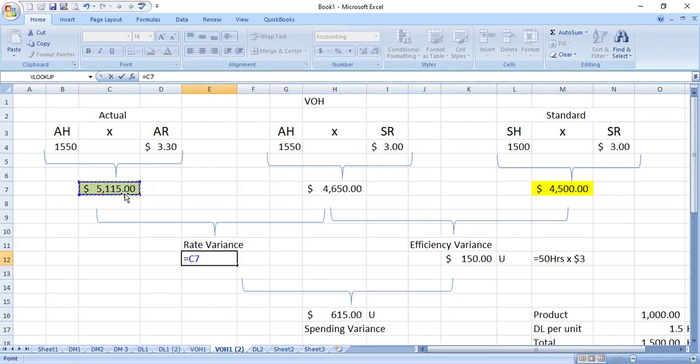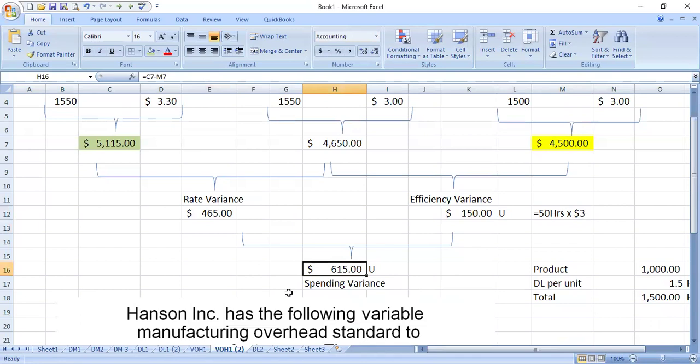Since the rate increased by 30 cents, we are overspending another $465, which comes from 1,550 hours times the 30 cents increase. So what we have to remember: rate variance is $465 and efficiency variance $150, both unfavorable.